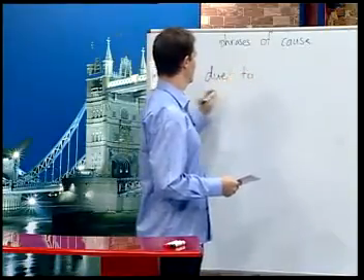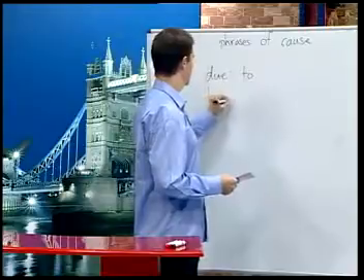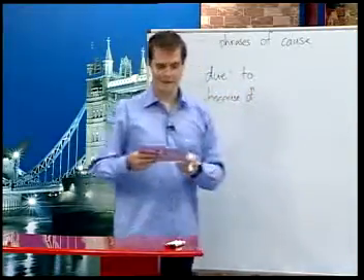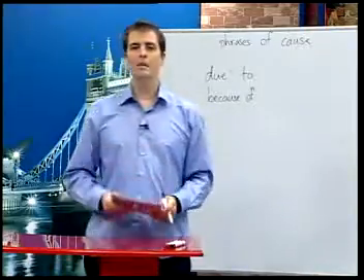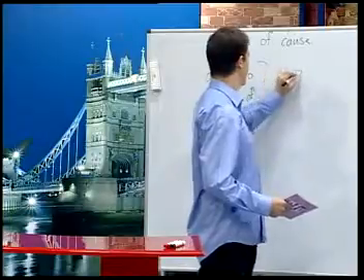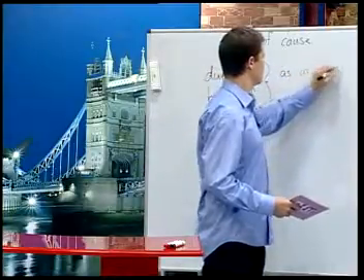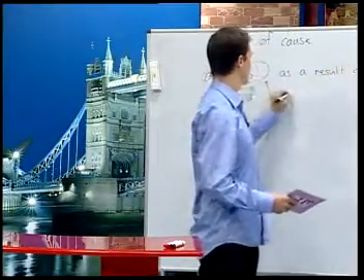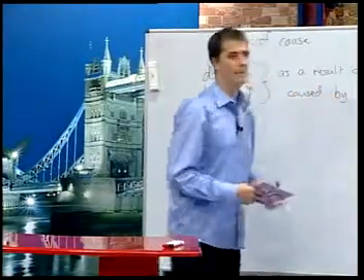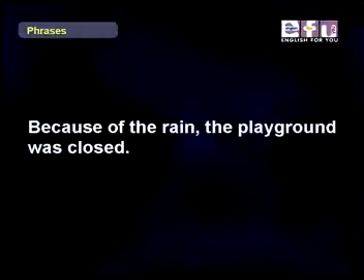Due to and because of. They mean as a result of or caused by. In the first sentence, the playground was closed as a result of rain.